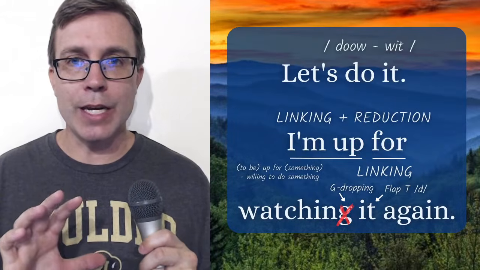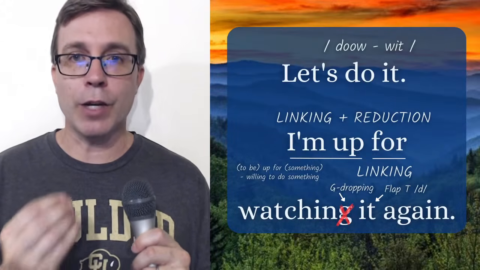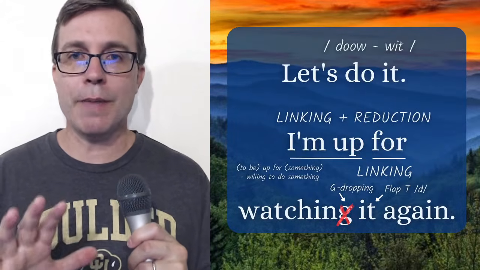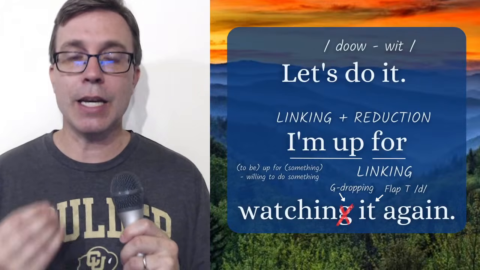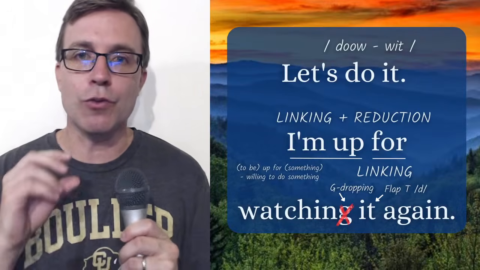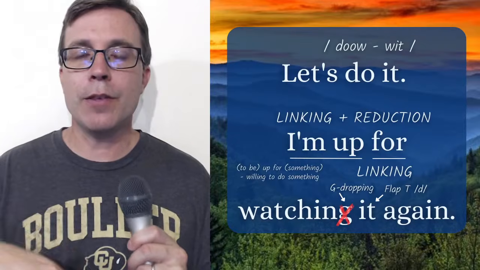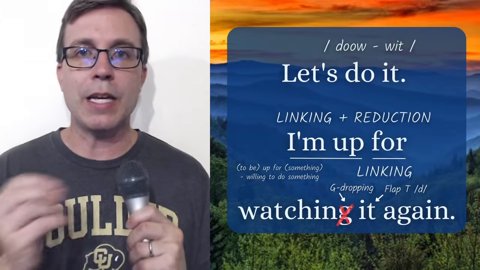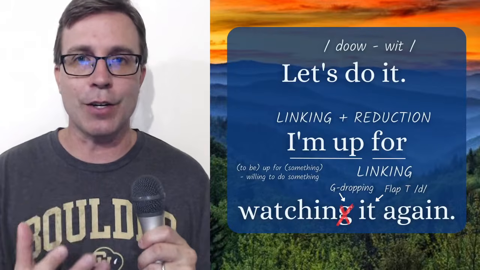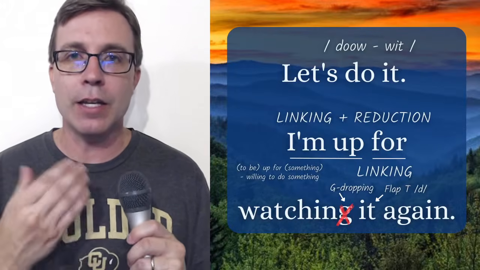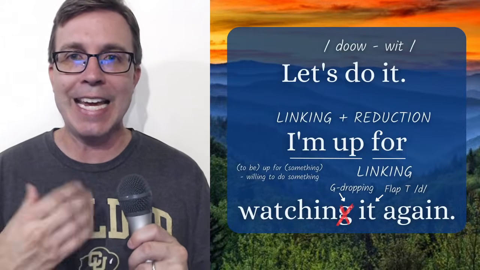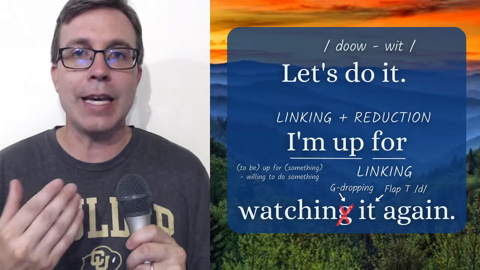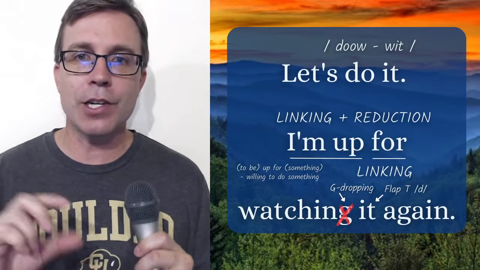sometimes, not always, that G will get dropped. I think most of the time this happens with verbs in the continuous tense. You drop that G. And the reason this occurs is because when the next word begins with a vowel sound, it's easier to link that final n sound instead of the ing. You can still link the ing if you want to, but it's just a little easier.